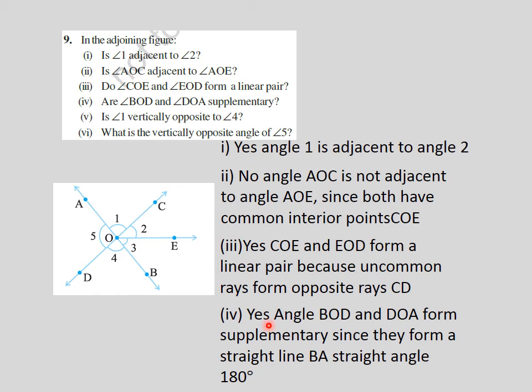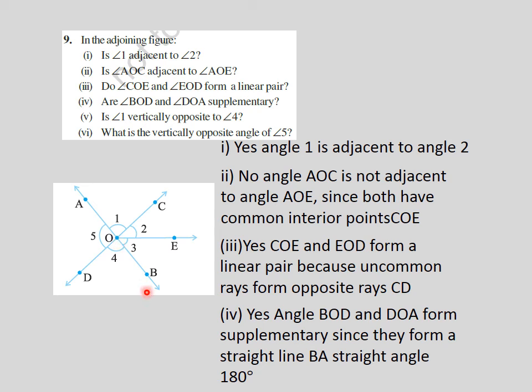Okay, now the next question is, are BOD and DOA supplementary angles? BOD is this, DOA is this. They are supplementary angles because if you add angle 5 plus angle 4, it is 180 degrees. And they also form a linear pair because AO is opposite to OB.